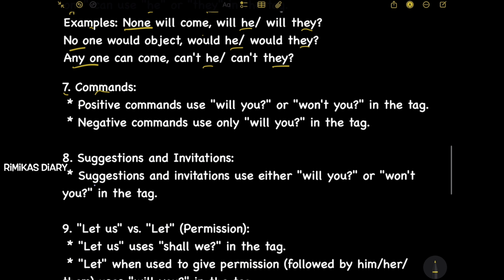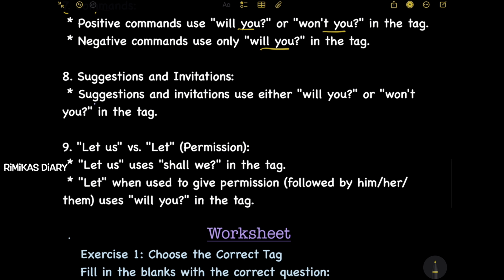Seventh, commands. Positive commands use will you or won't you in the tag. Negative commands use only will you in the tag. Eighth, suggestions and invitations.